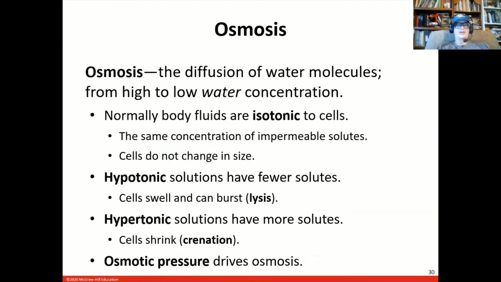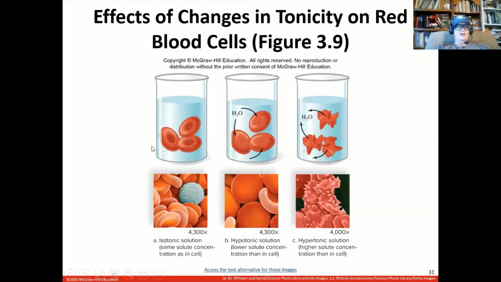They're not saying it here, but iso means same. So isotonic right here, this is the cell just being happy. Animal cells really like isotonic solutions. Plant cells like slightly hypotonic, but animal cells, like your blood cells, they like isotonic.